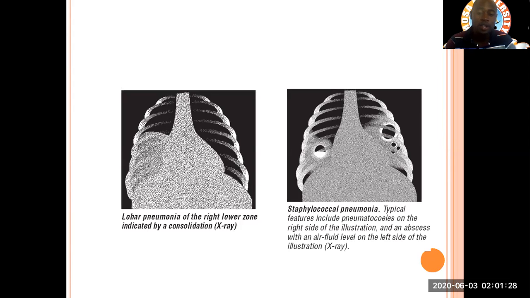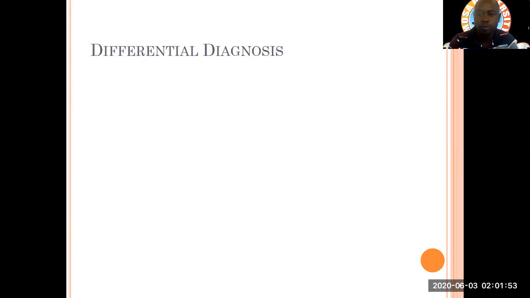So that is lobar pneumonia of the right lower zone, which even shows a consolidation there. The other one there is a form of staphylococcal pneumonia, which shows nicely the pneumatoceles on the right side of the illustration there, and an abscess with an air-fluid level on the left side.